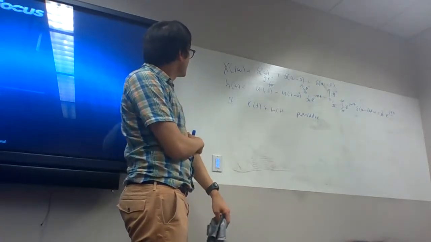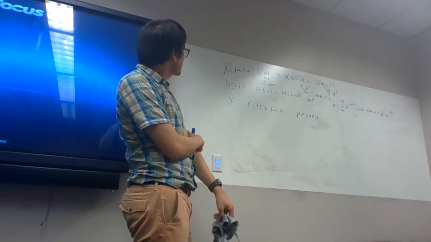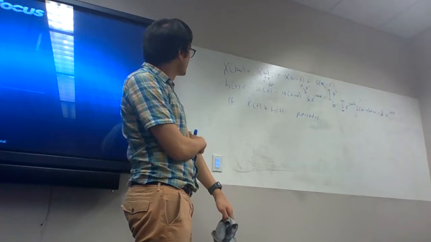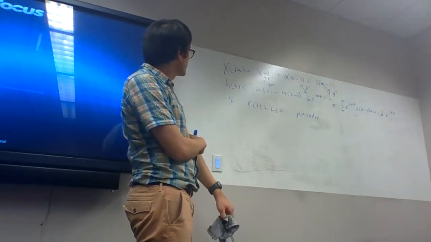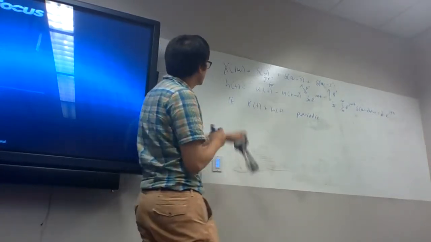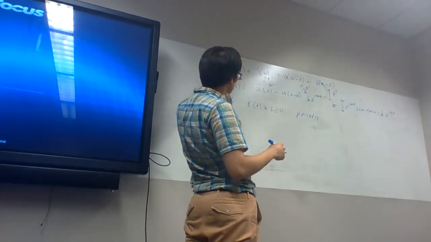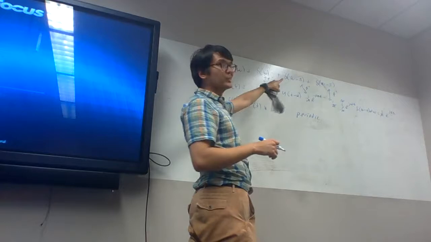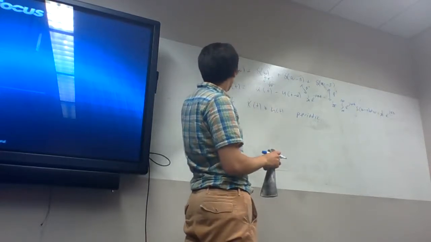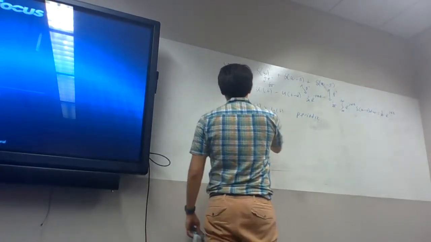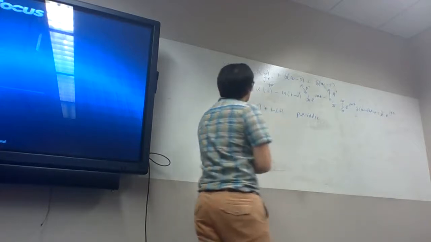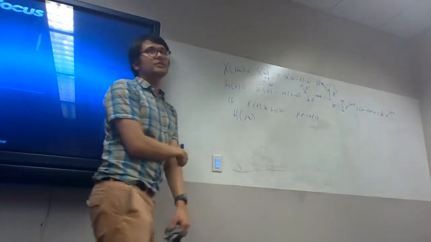So what we can do here is look at this thing. When we convolve this thing, we're going to find our h of j omega.